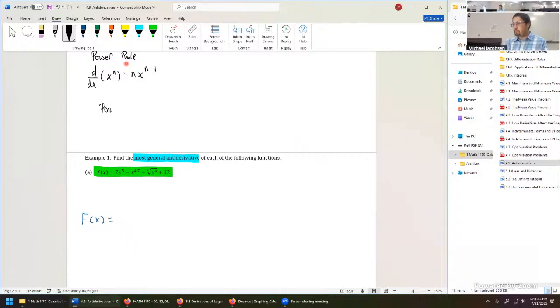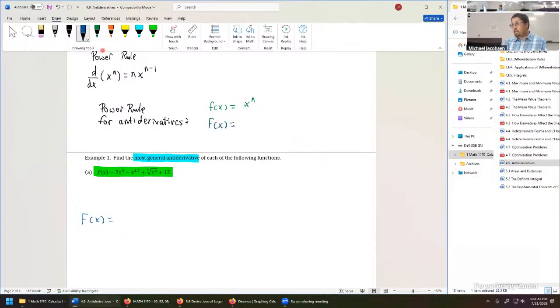So power rule for antiderivatives goes like this. Let's follow our definition pretty much verbatim. We have a function f of x. Let's call it x to the power of n. We want the most general antiderivative.